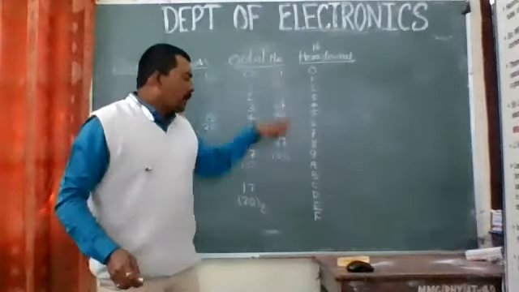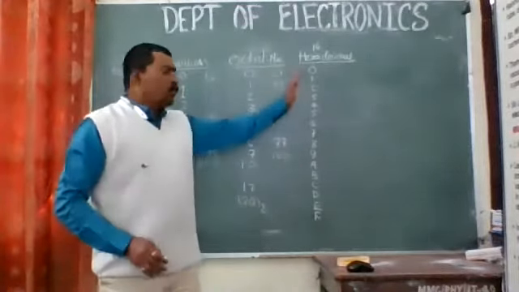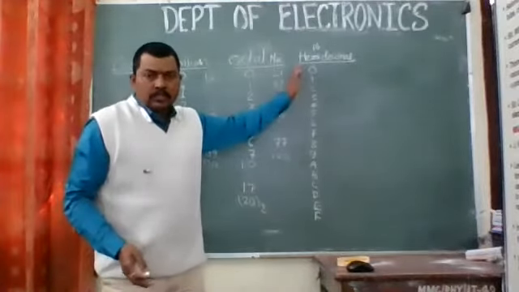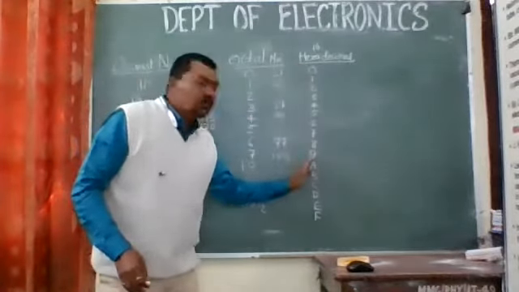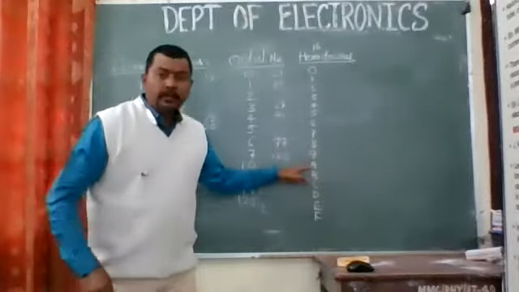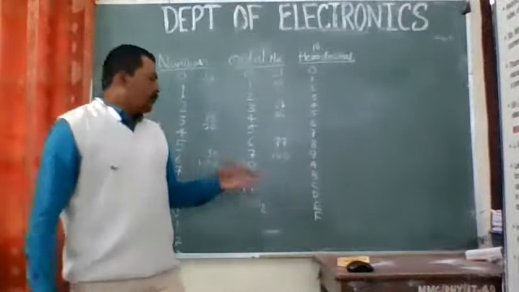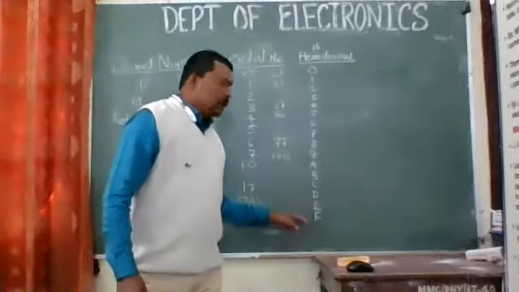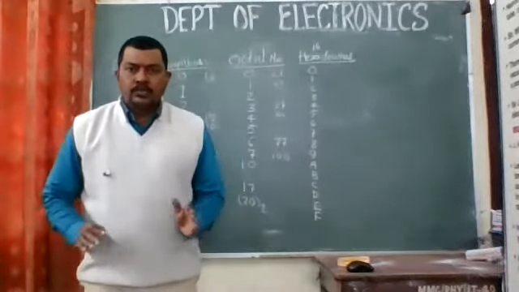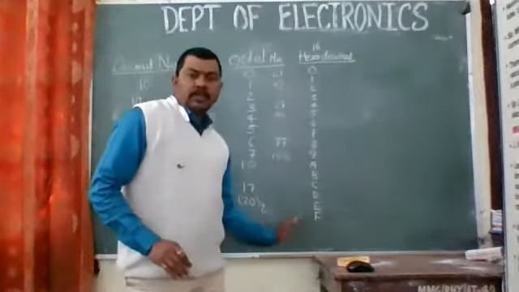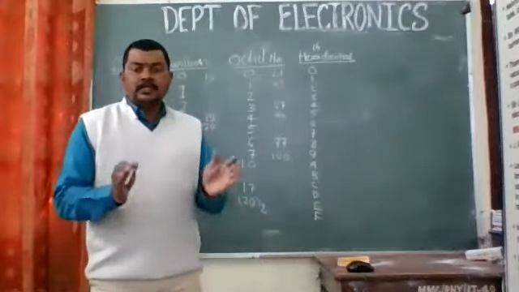So we use the 10 symbols from the decimal system, and after that we use A, B, C, D, E, and F, right?